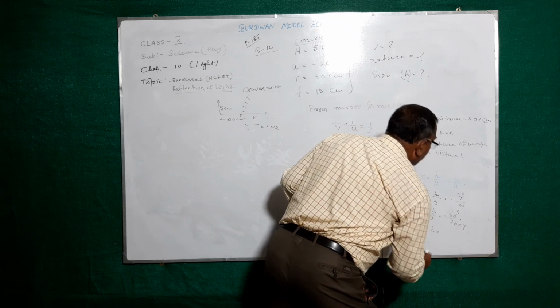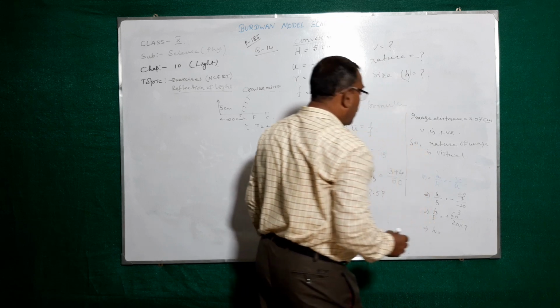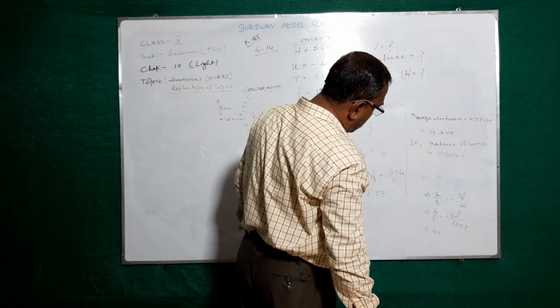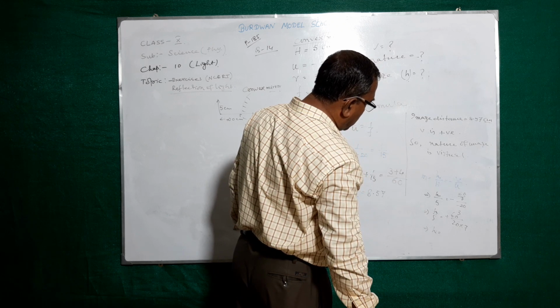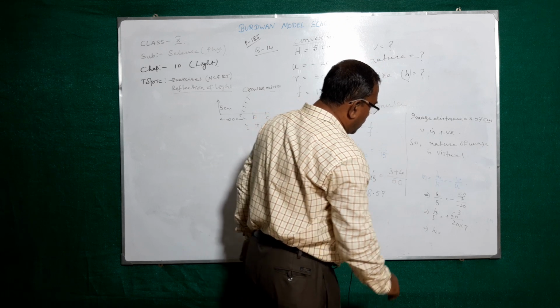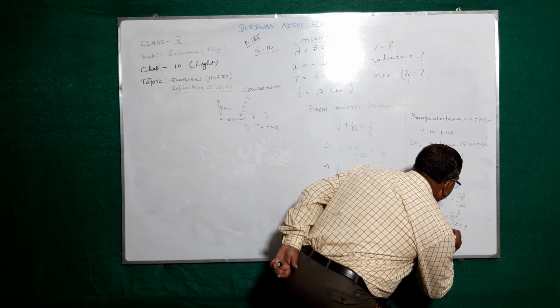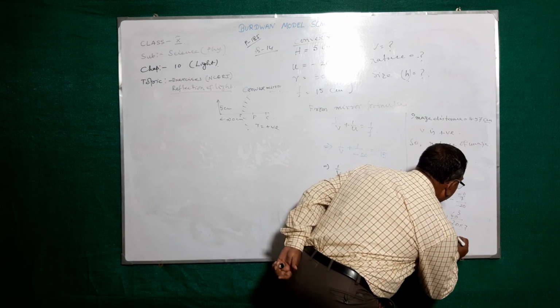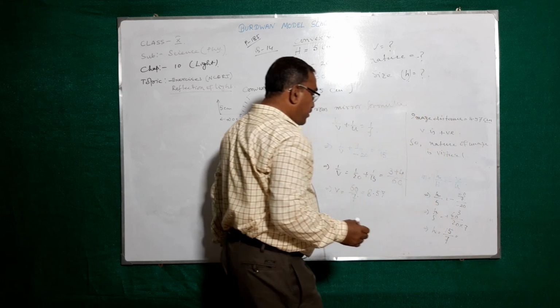So h equal to, how is it possible? 15 by 7.